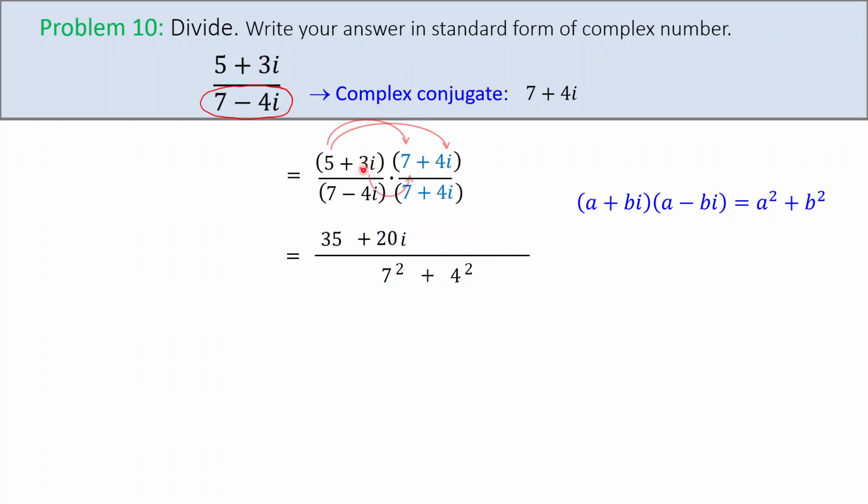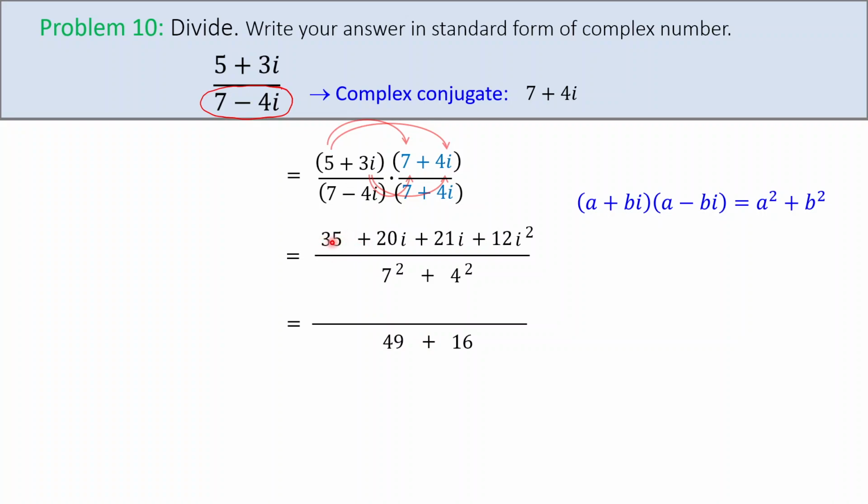Now multiply this and this. Positive 3, positive 7, positive 21. 3 times 7, 21 times i. Now this and this. Positive 3 times positive 4 is positive 12. i times i is i squared, equal to 7 squared, 49, plus 4 squared is 16.